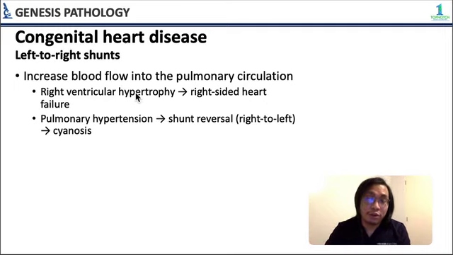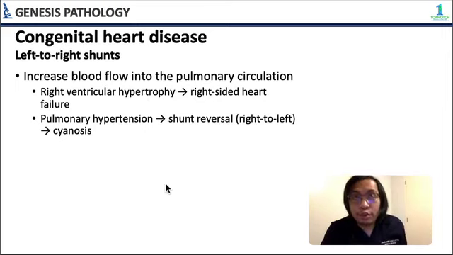How? Usually, kapag magkakaroon ka na ng hypertrophy sa chambers mo, especially sa ventricles, you will have decrease in diastolic filling leading to heart failure. Now, that's the right ventricular hypertrophy in left to right shunts.